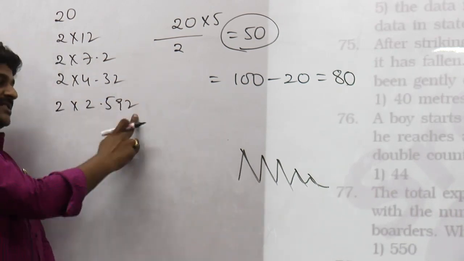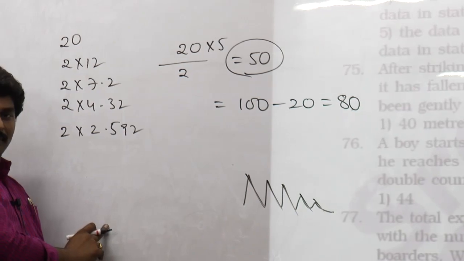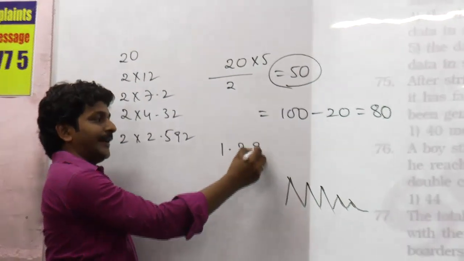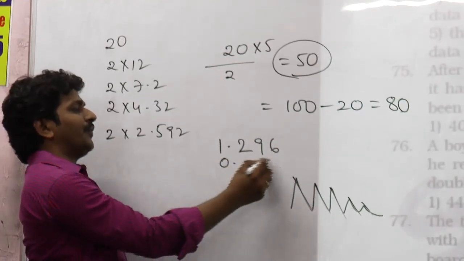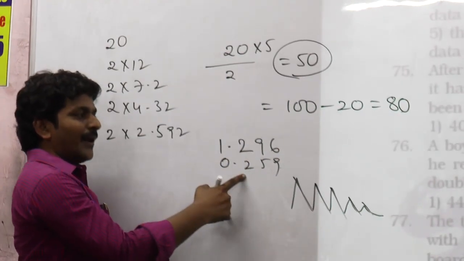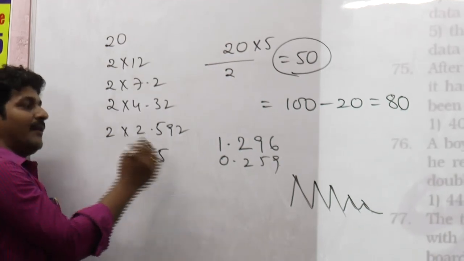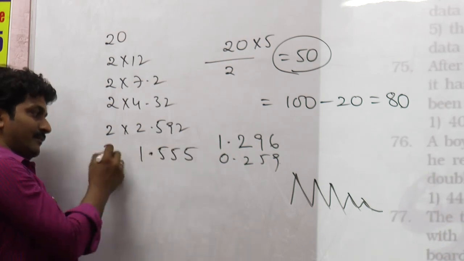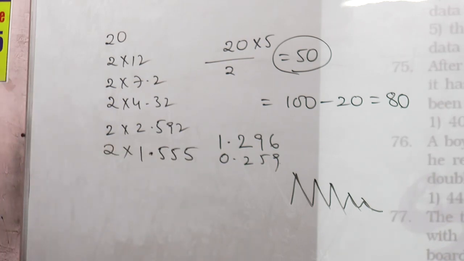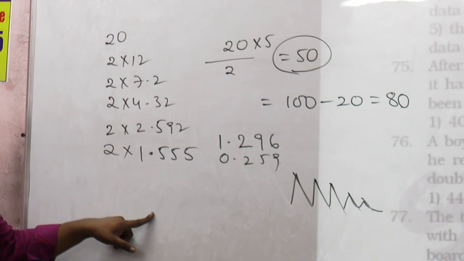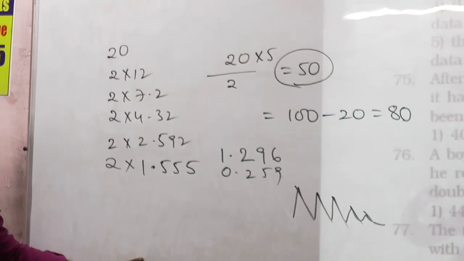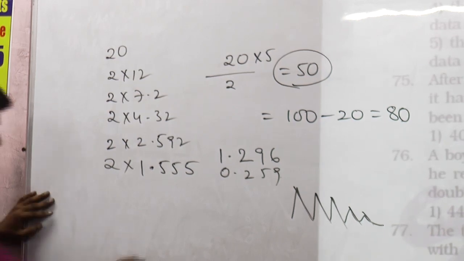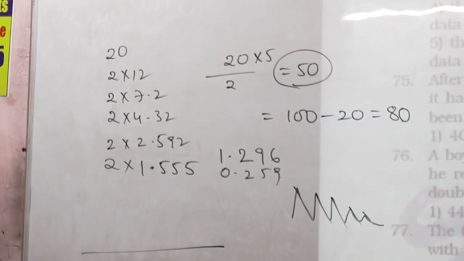Again next time that will be 60% of this number. 1.296 plus 0.259, 1.555. 2 into that. Again next time that will be 60% of this. Like this, take another 3 or 4 times and add up the total.